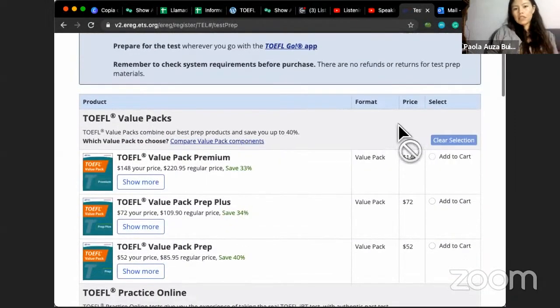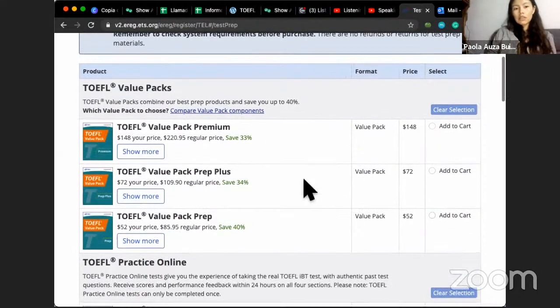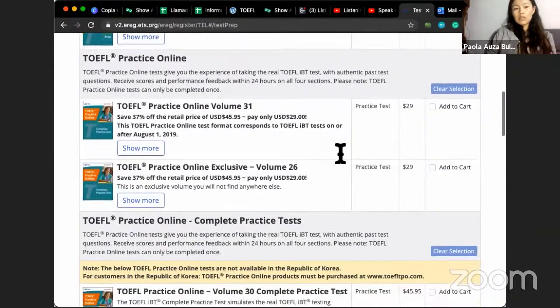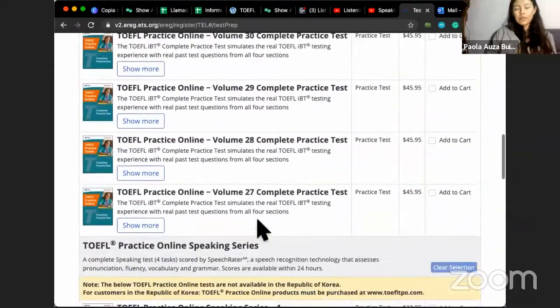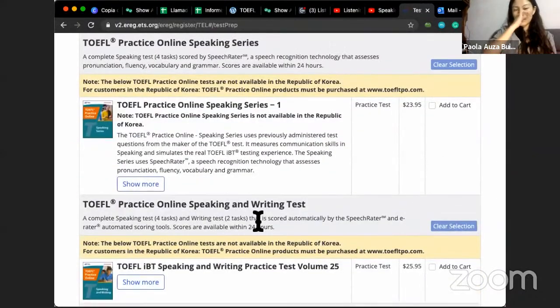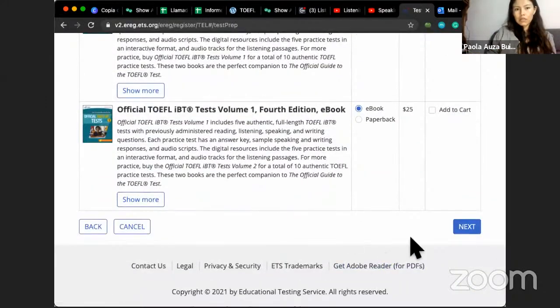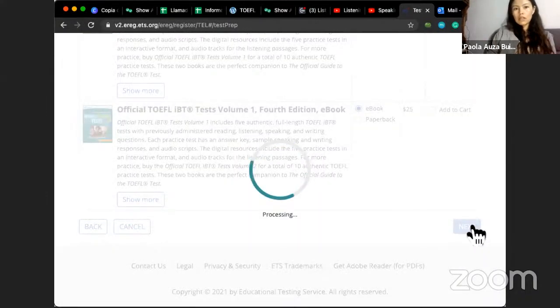Y aquí nos van a ofrecer comprarnos algunos paquetes, si desean lo pueden hacer. Pueden revisar alguno tal vez que les llame la atención, ya depende de ustedes. Pero igual recuerden que tienen un practice para trabajar con la institución que están ahora, con Executive English. Si no están interesados en nada, le dan clic Next.